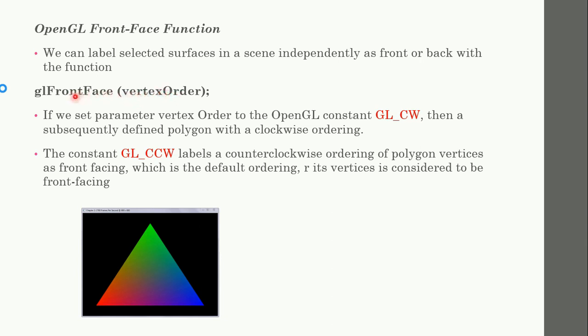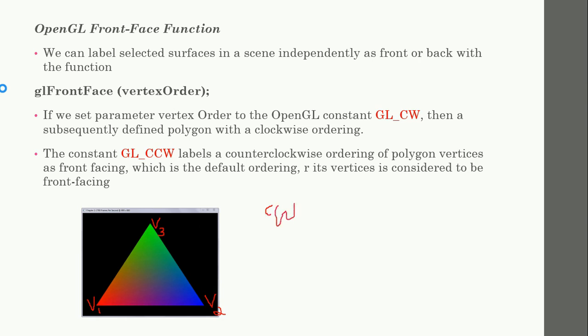For example, I will write the vertices here as V1, V2, V3. So I am going to define the vertices for the triangle V1, V2, V3. Suppose you are writing the clockwise order, how do you write it?